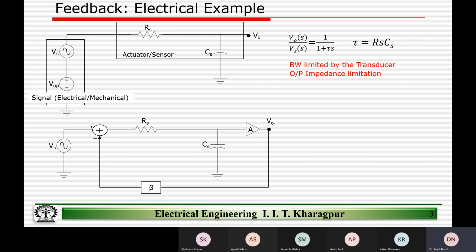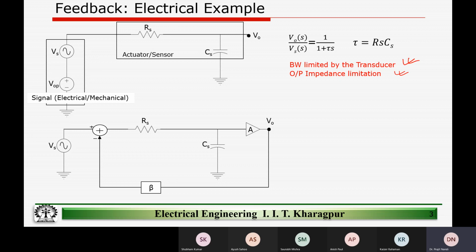So now let's move on and see if we use the whole system with feedback, can we get rid of these limitations, the bandwidth limitation or the output impedance limitation? Can we get rid of these two limitations or not?